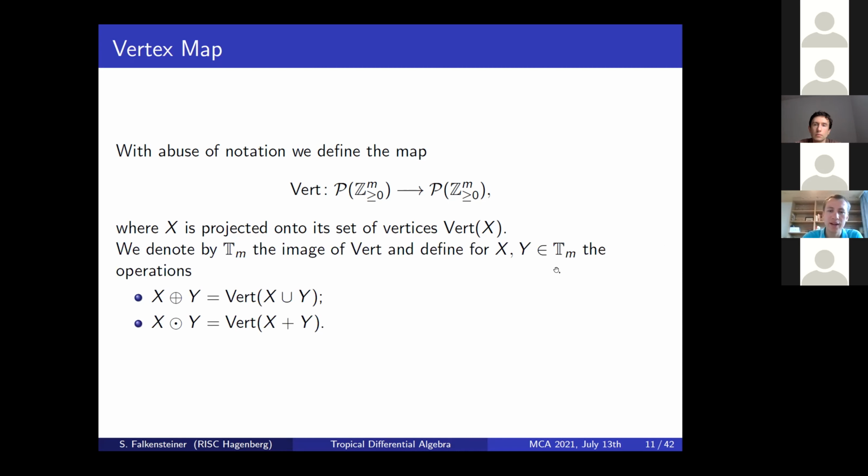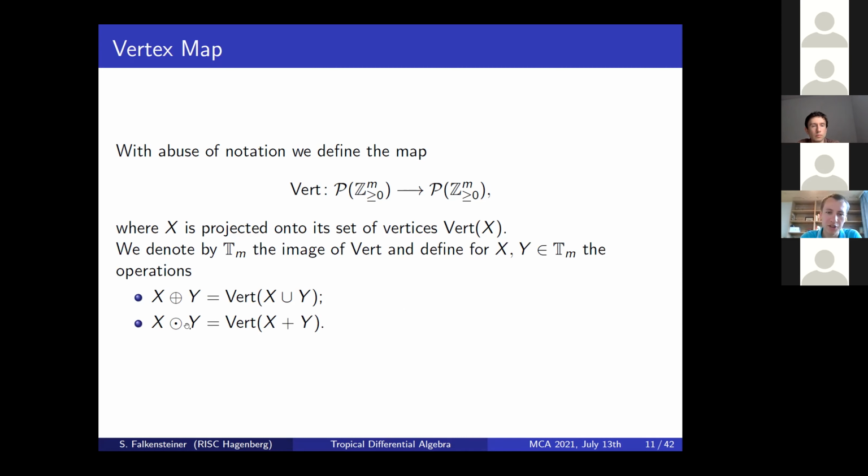And we define two operations on them, namely an addition and a multiplication. The addition is defined as taking first the union and then applying this vertex map, this projection, to the union.